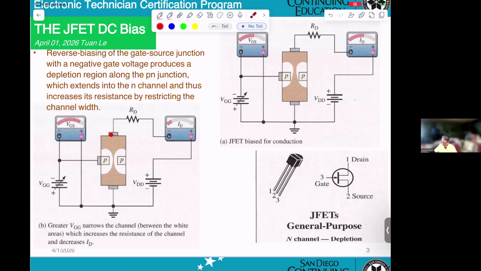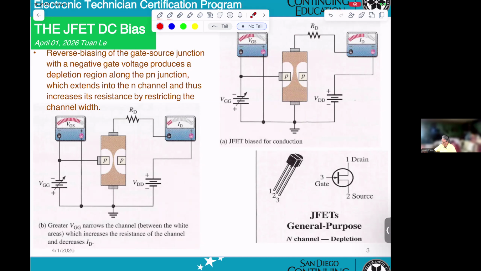This is the drain and this is the gate. Basically, this is a channel. If the channel is wider, more current flows. If it is narrower, less current. Same thing for this picture: you can see they reduce the VGG, less negative, and when you look at the current ID, it will be more.